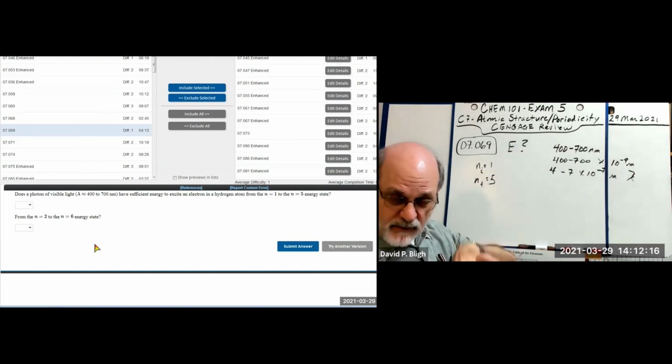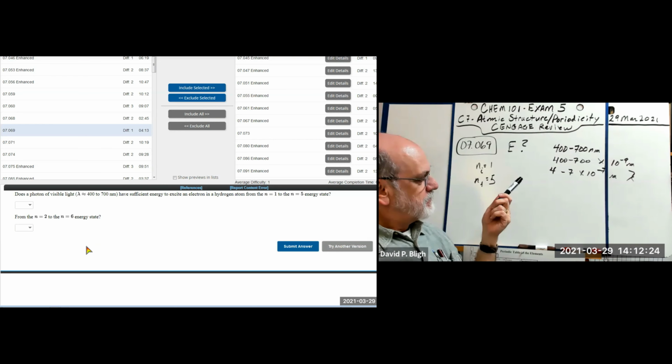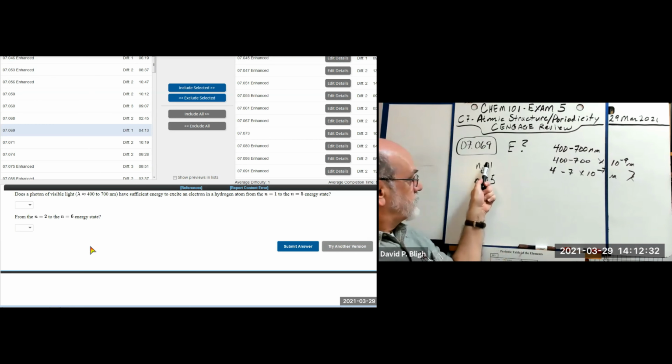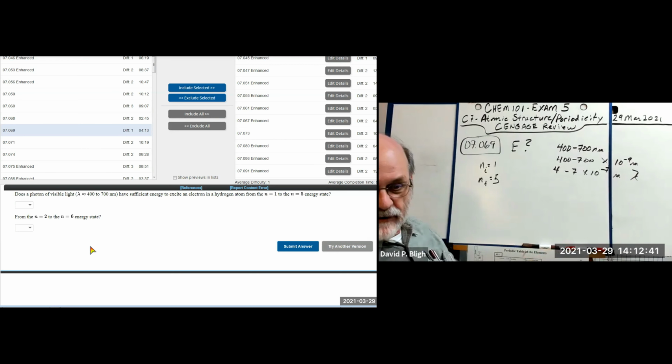And as frequency gets smaller, energy gets smaller. All right, so actually I'm approaching this the wrong direction. We should look at it in terms of how much energy is required to go from 1 to 5. That would be a better approach. So what is the formula for that?